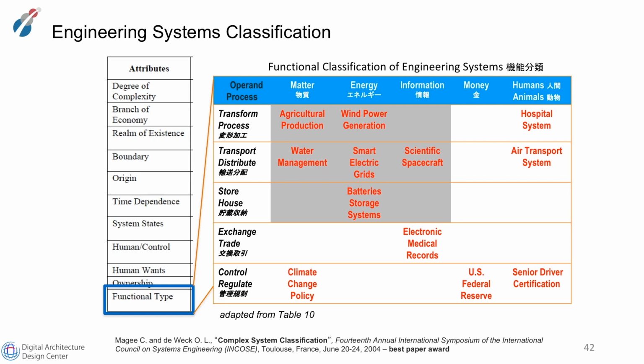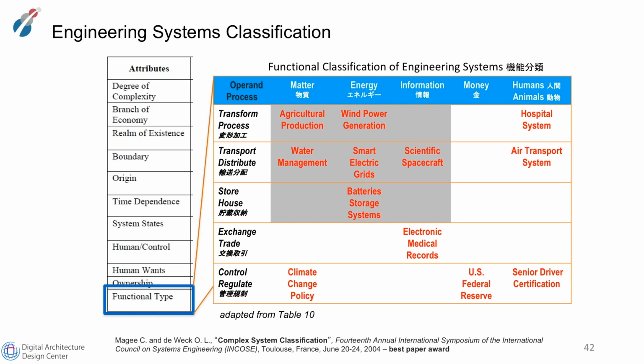And then we have the fundamental processes or functions, which are to transform, to transport, and then to store or house. We don't talk about that a lot, but that's actually a very, very important process. And so transforming, transporting, and storing matter, energy, or information, this gray part of the matrix, that's classical engineering systems.